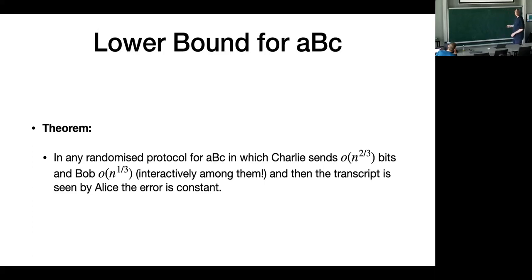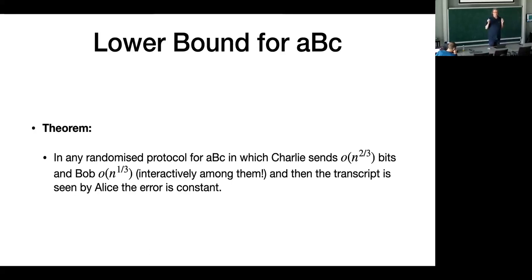Let me also flash what we have for the little ABC problem. If Bob and Charlie can talk arbitrarily, but Charlie sends only little o of n to the 2/3 bits and Bob only little o of n to the 1/3, and then they send the whole conversation to Alice, who decides, then you have a large constant error. This means you need either Charlie to send more than n to the 2/3 or Bob to send more than n to the 1/3.